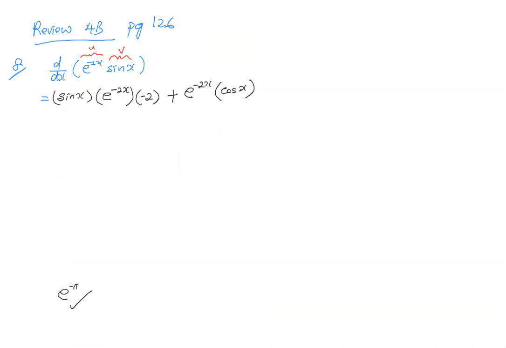Yep. So now you look at here, you have this common factor. So you factorize it. Okay, so here you got negative 2 sin x plus cos x. So this is exactly what they want you to integrate, correct?